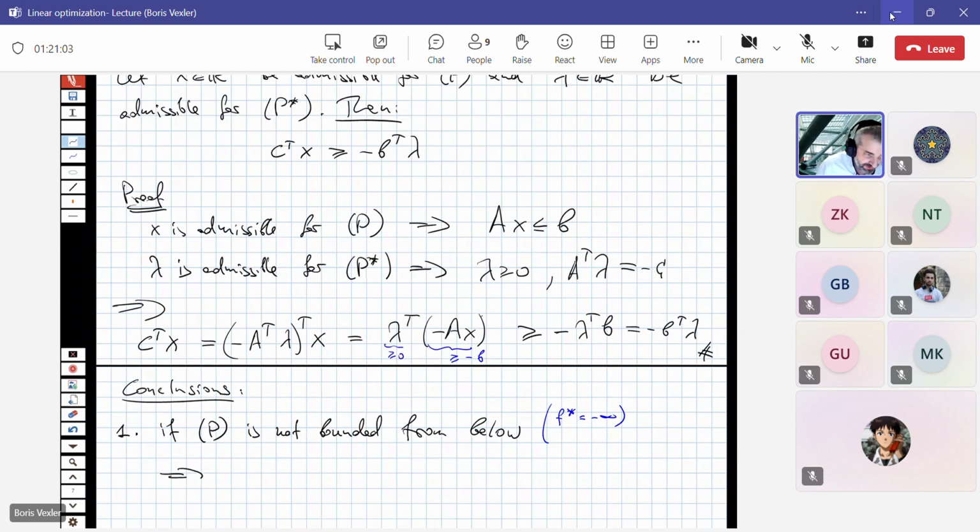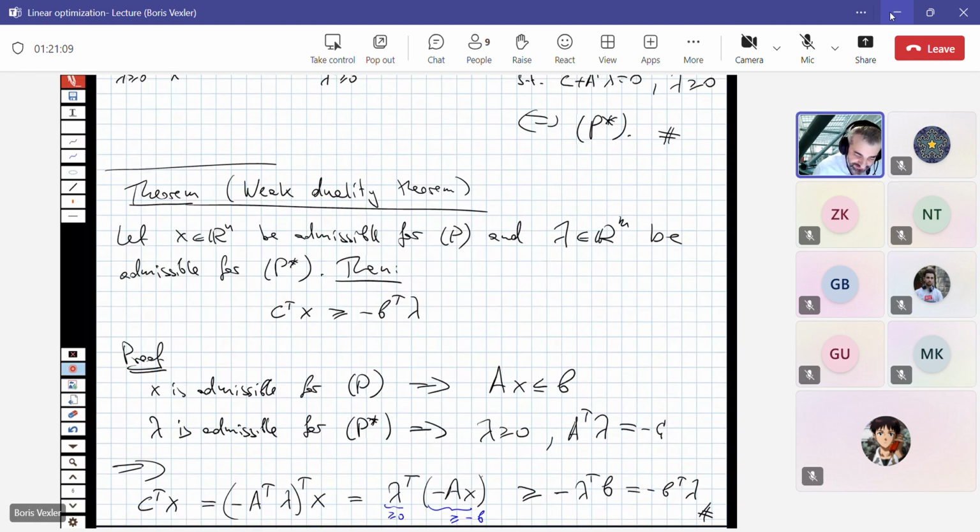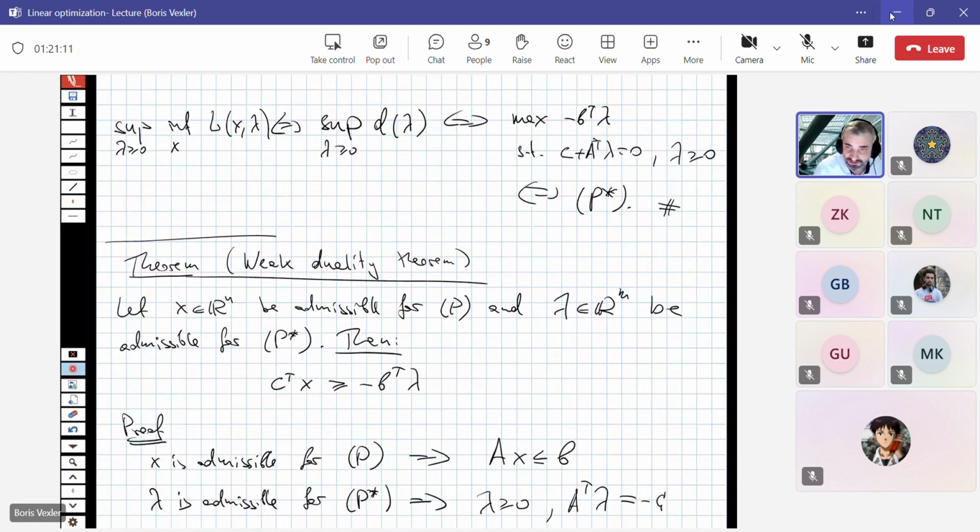Then what can we say about P star? We can say that P star does not have any admissible point, since if you take an admissible point, this should give a lower bound for all admissible points here.